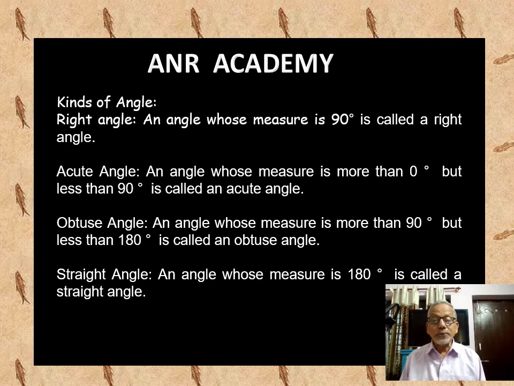Next, obtuse angle. An angle whose measure is more than 90 degrees but less than 180 degrees is called an obtuse angle. Next, straight angle. An angle whose measure is 180 degrees is called a straight angle.